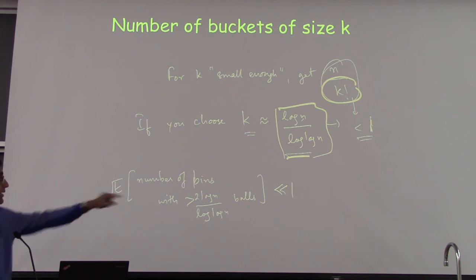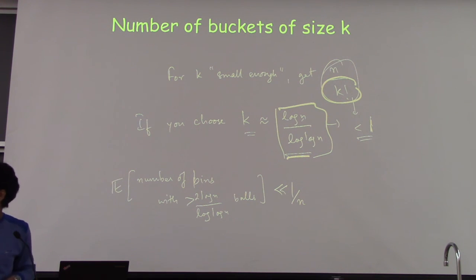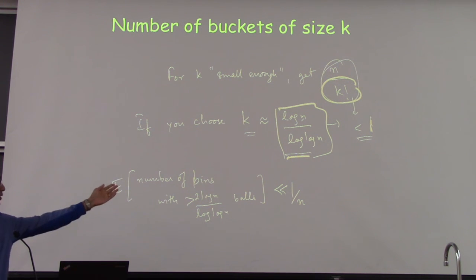If you continue this line of thought, you can show that this is actually less than 1 over n. So this is much smaller than 1.